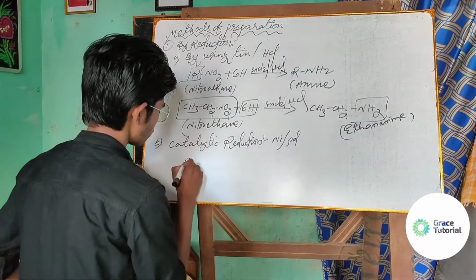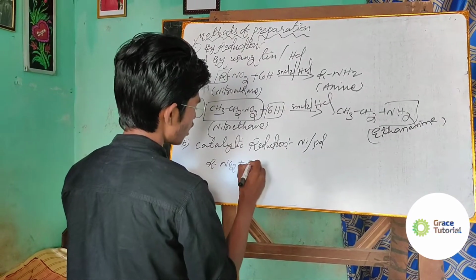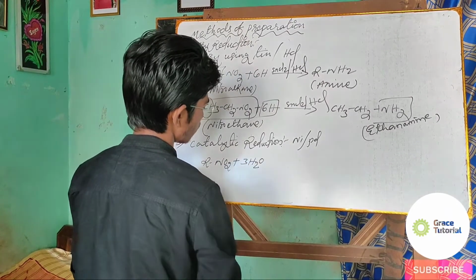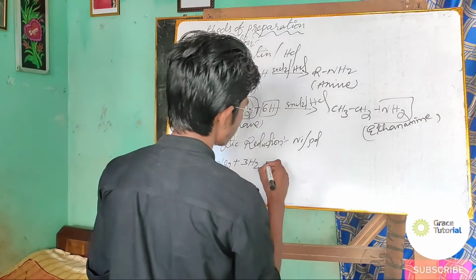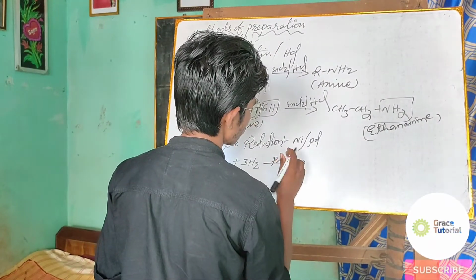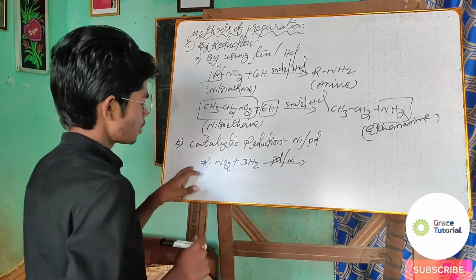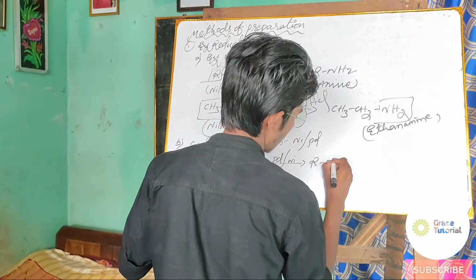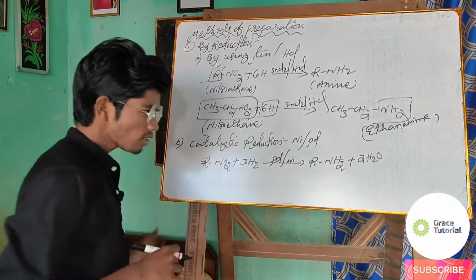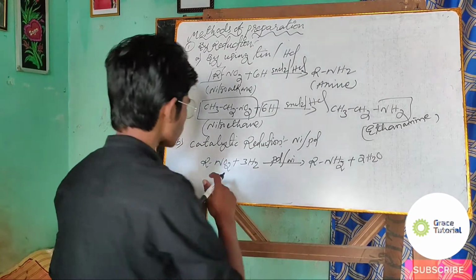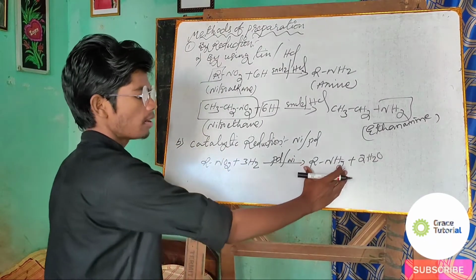Suppose I have nitroalkane itself, and when this nitroalkane gets reduced in the presence of palladium or nickel catalyst, then what happens? Then amine is the result, plus 2 water. So the specific example is that this is nitroalkane and it gets reduced to form amine along with the water.